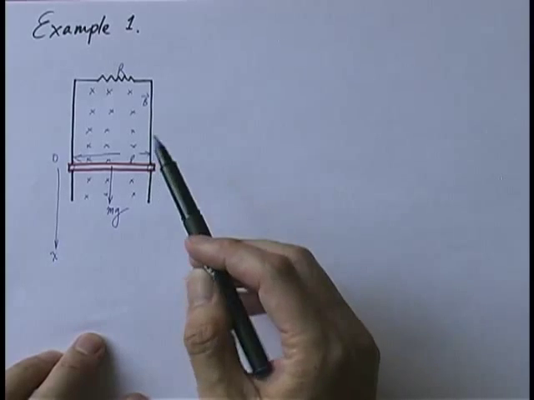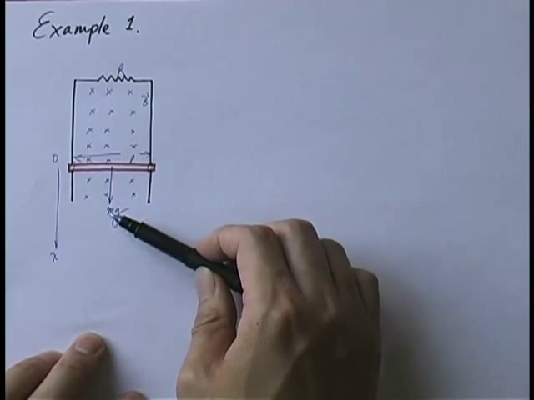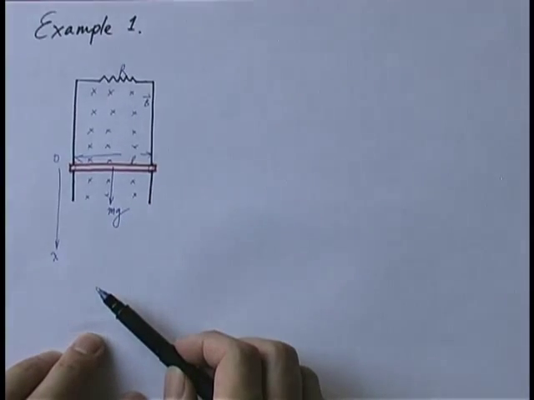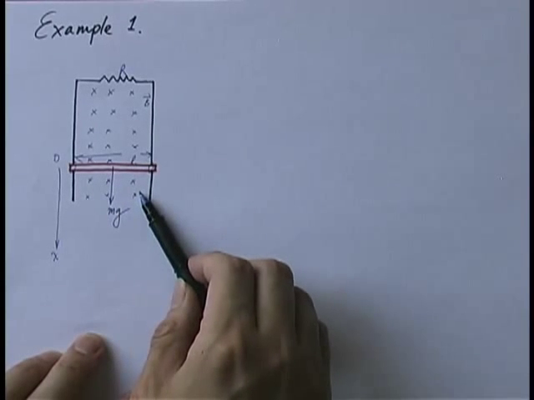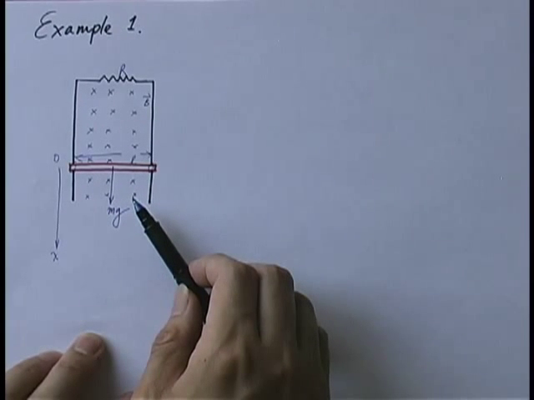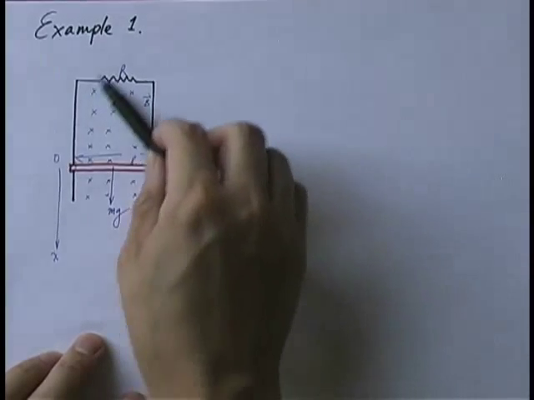So, as you release the bar from rest, the weight of the bar, which is mg, will pull the bar downwards, right? That is going to cause the bar to cut through these magnetic field lines, thereby generating an induced EMF, right? And that induced EMF will power a current, because there's a complete loop.